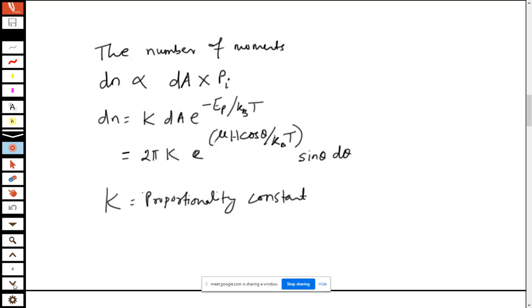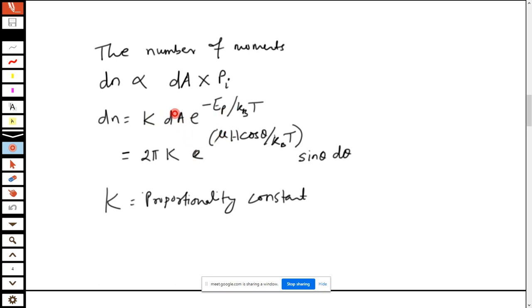And to know the number, you basically have to multiply this area by your probability function. So this dn, the fraction which are aligned between theta and theta plus d theta, is given by k, which is some constant, times dA times exponential minus EP by kBT.